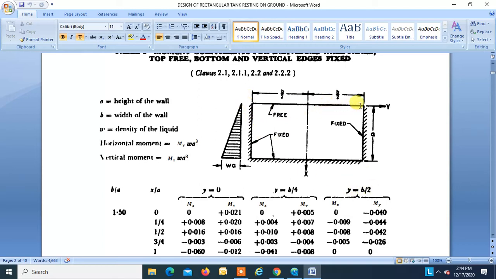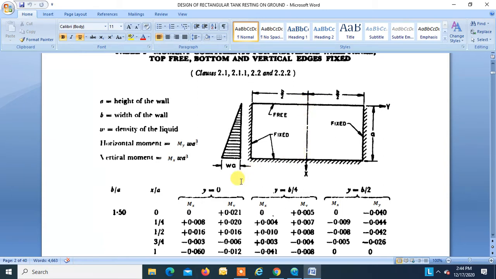So this is the origin. Also, when you are considering x, x is 0 over here, and as we go downwards x increases. So the x by a ratio increases in this direction, right?